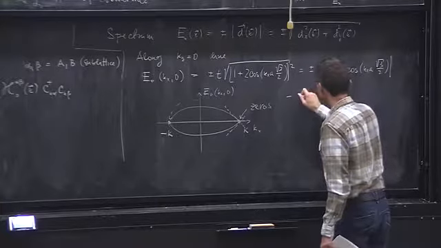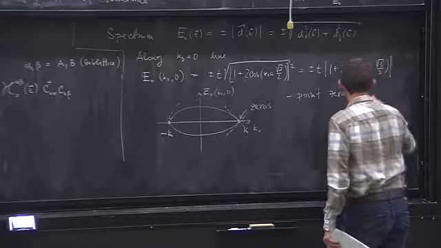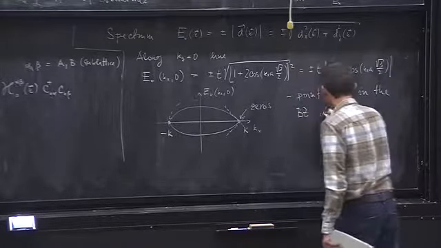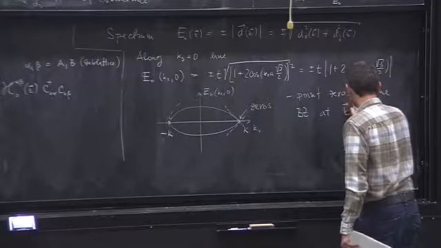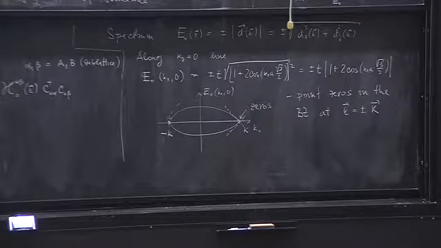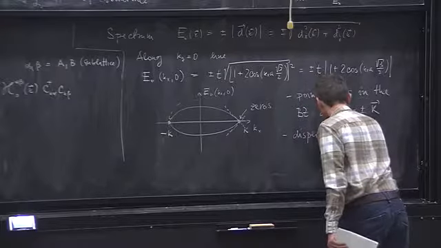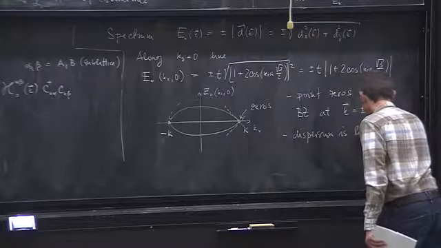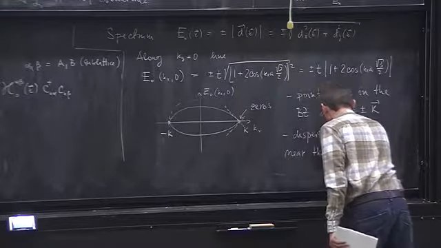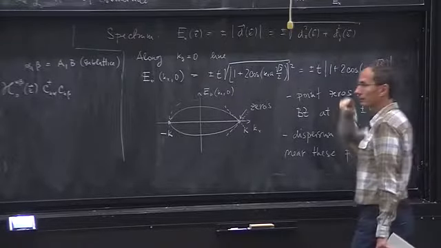So what we find is that there are point zeros in the Brillouin zone at k equals plus minus capital K, that is defined over there, and the dispersion is linear near these points. Okay?